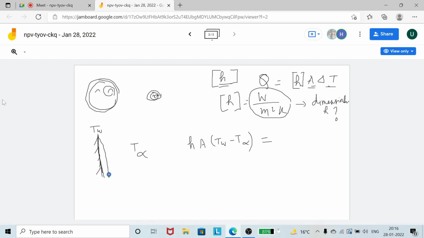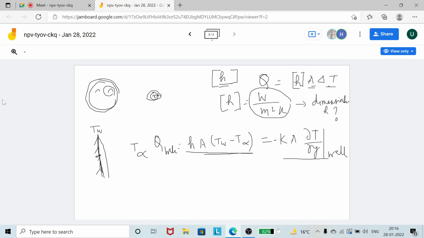So here only conduction, K A dT dy, is taking place at the wall. Follow me how I am doing. From convection, Q wall is H A (TW minus T infinity), and that is also conduction immediately at the wall, because on the wall there is no slip condition. So H (TW minus T infinity) is equal to K dT dy.